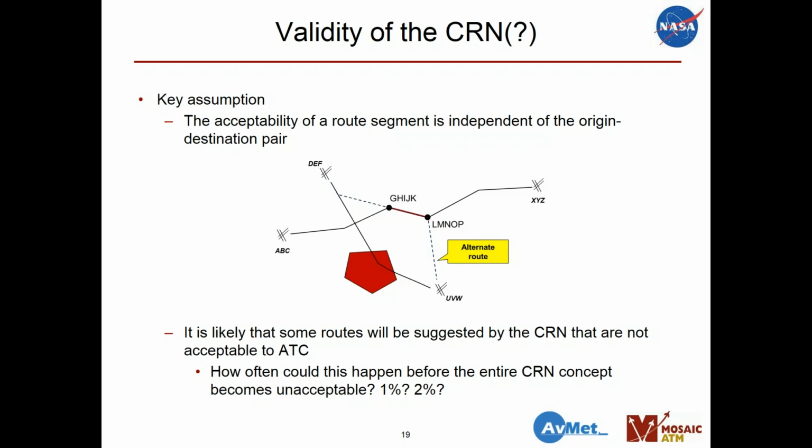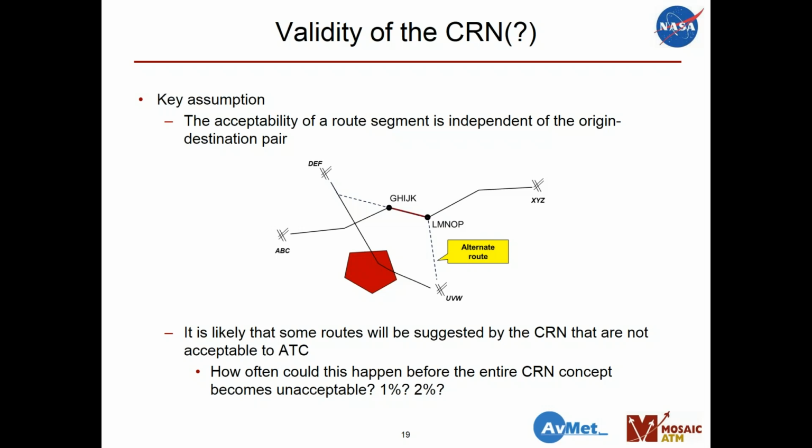So one of the things that I mentioned here at the bottom of this slide that we are also trying to identify is how accurate the routes generated by the CRN need to be before the overall CRN concept becomes unacceptable.